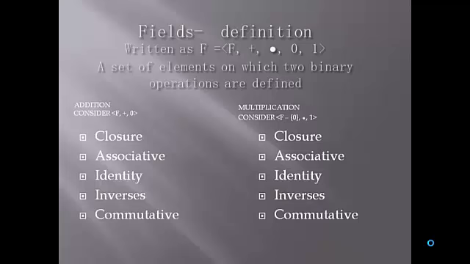Remember, of course, that we need some way to link them back from rings, so the distributive property also has to hold. Now, we call them addition and multiplication, although they don't always have to be addition and multiplication. They can be different ways of operating the elements together. However, for the purposes of this presentation, we're going to think of them just as addition and multiplication, as we all know and love.